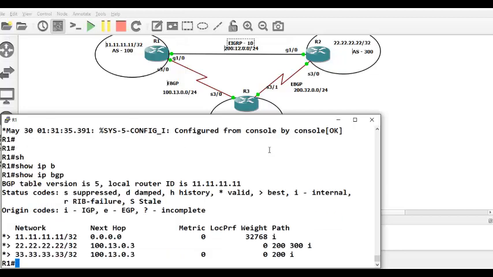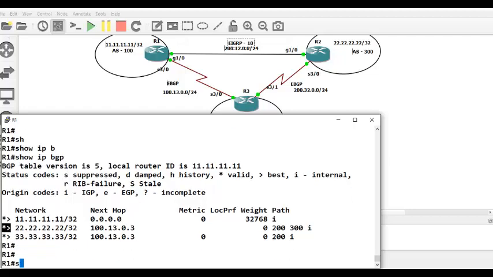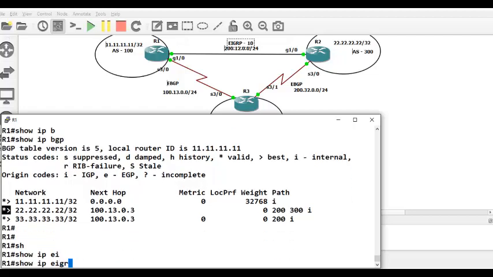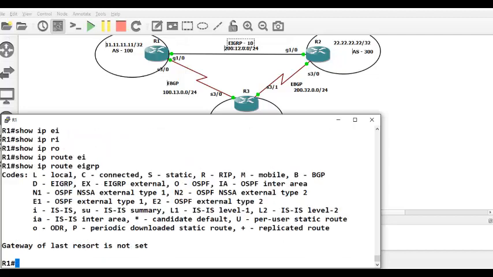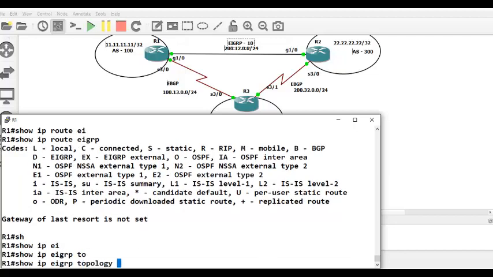Even though you see 22.22.22.22 via router 3 valid and best, show IP route EIGRP. Oh, come on, even now it has not come. I think there's some issue with the EIGRP. Show IP EIGRP topology.